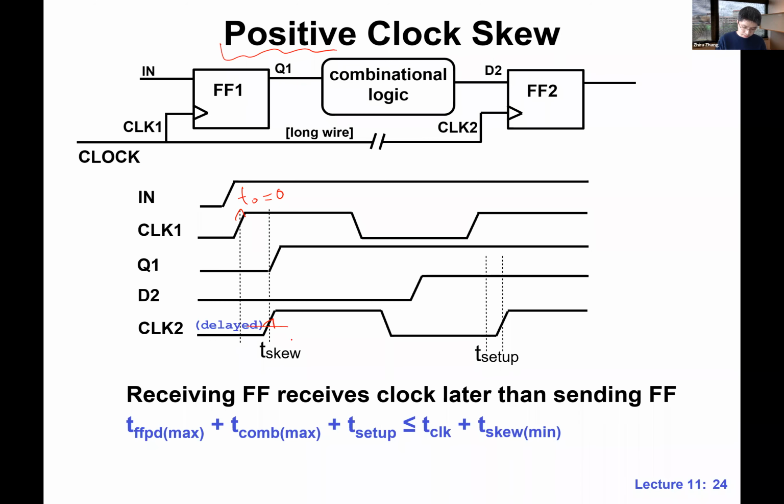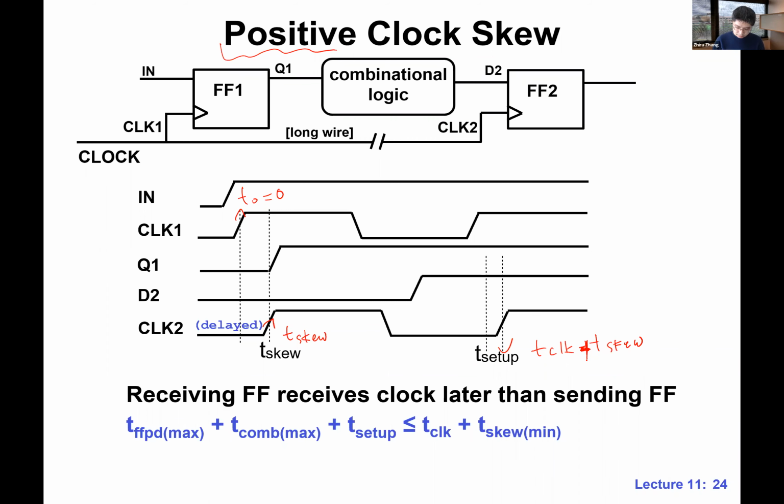Then this edge is T skew. And then this one is T clock plus T skew. See here, there's a plus. That's why it's called a positive skew.